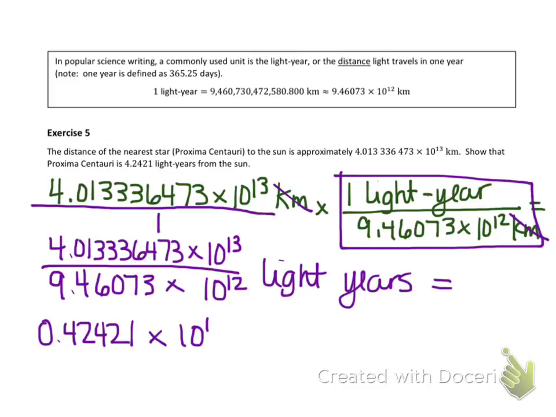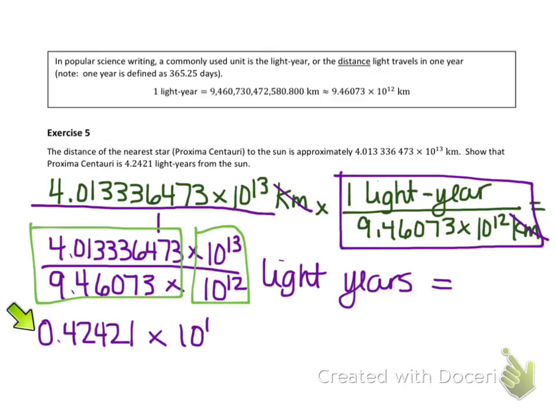It's 10 to the 13th over 10 to the 12th, which is 10 to the 1st, right? So basically what I've done is I did this part and then this part. First part I can do on my calculator. This part is simple, 10 to the 13th over 10 to the 12th. I'm dividing numbers with the same base, so 13 minus 12 is 1. I'm left with just 10.